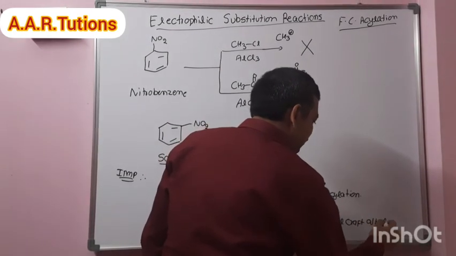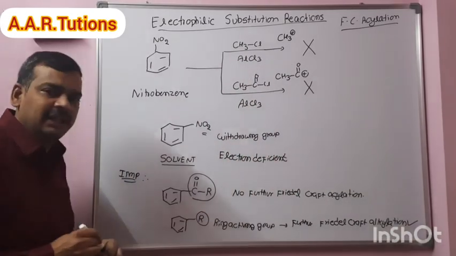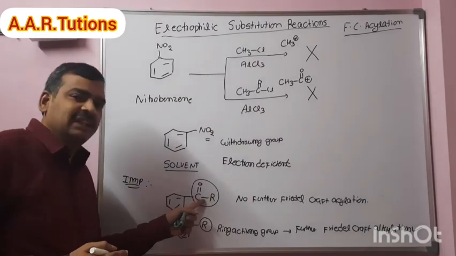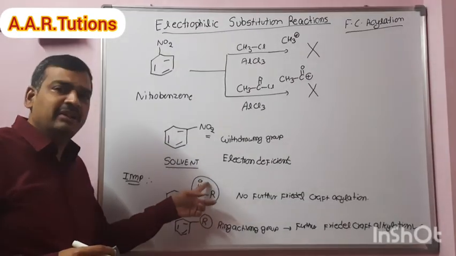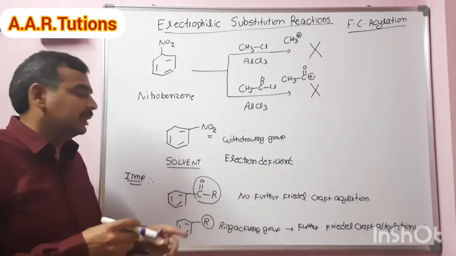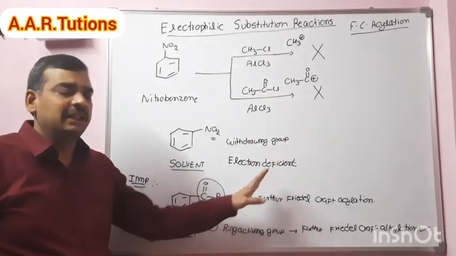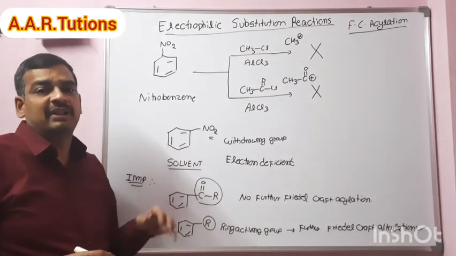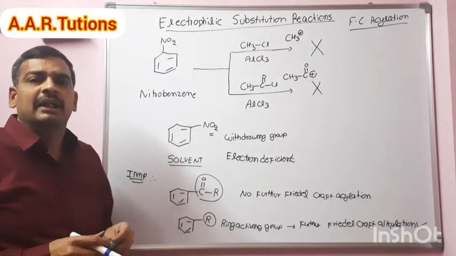In Friedel-Crafts alkylation, a ring activating group is present; in Friedel-Crafts acylation, a deactivating group is attached. Because of this deactivating group, there is no further acylation, while because of the ring activating group, further alkylation will take place. That is the difference between alkylation and acylation.